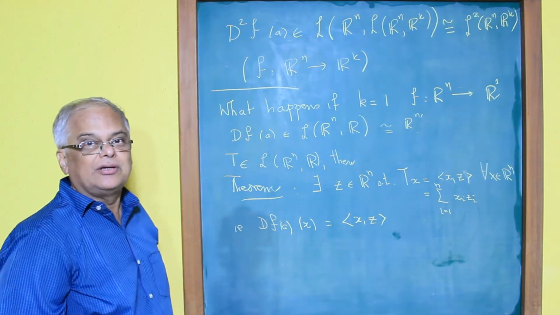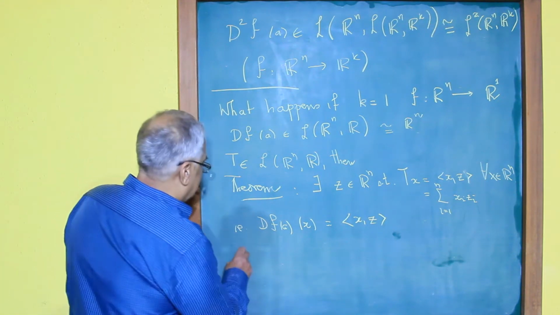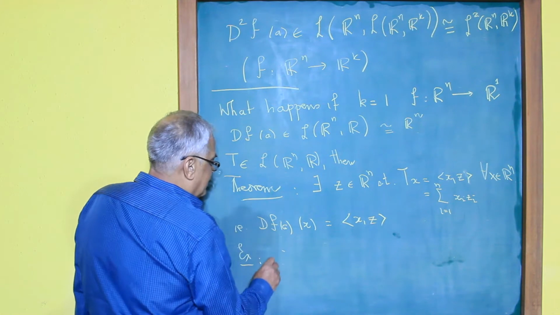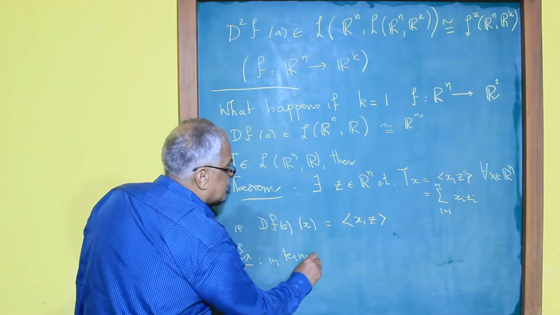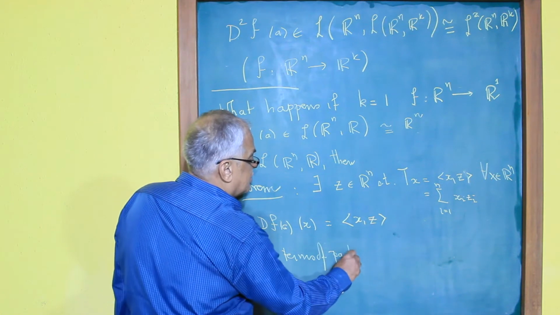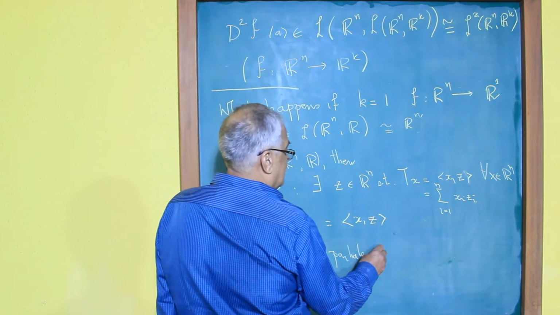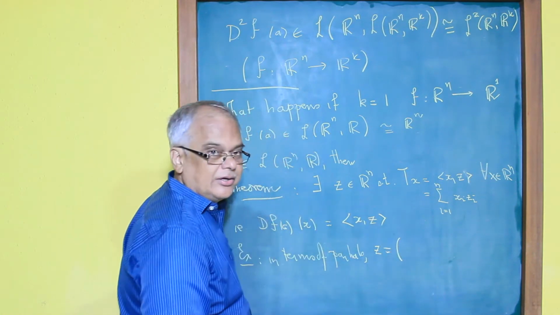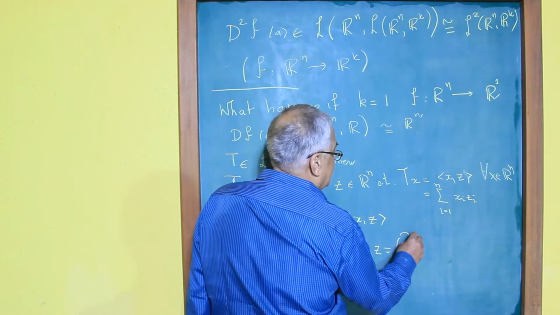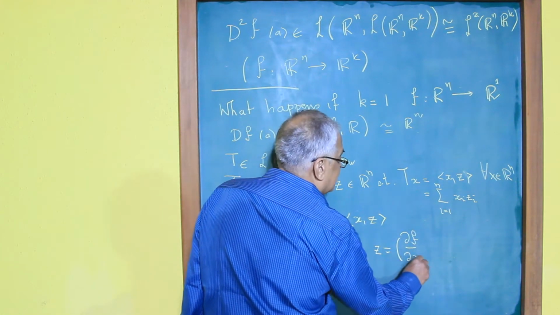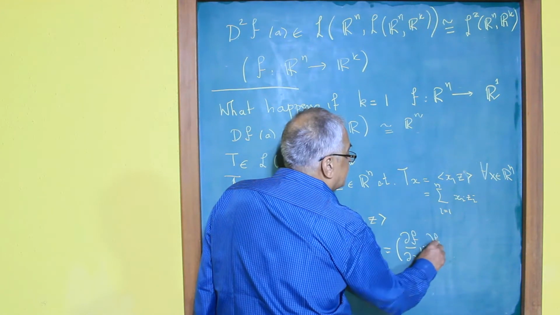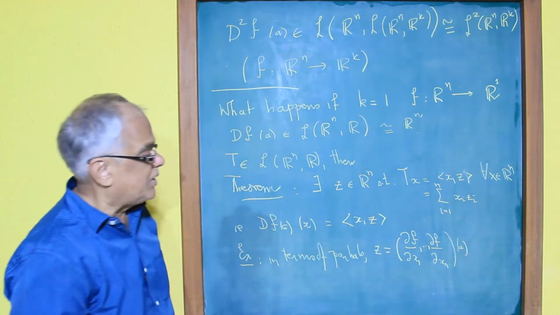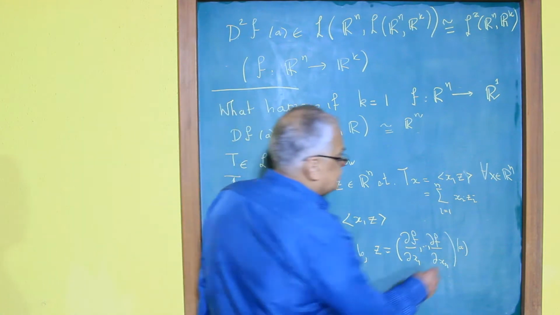So this z is something you had come across earlier, and you should be able to show in an exercise that z in terms of partials is the row vector df by dx1, ..., df by dxn at A.